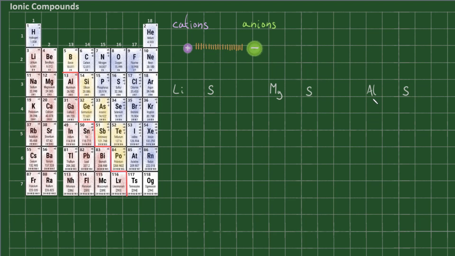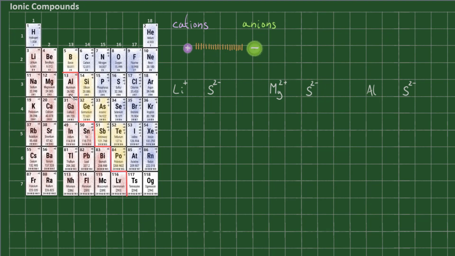So I'm going to start first by determining what ions I am dealing with. Sulfur, based on its position in the periodic table of elements, will gain 2 electrons. This means that it will have a 2- charge. So I'm going to write that for each of my sulfurs, 2-. Lithium, based on its position, will lose an electron, so it will have a positive charge. Magnesium, based on its position, will lose 2 electrons, so it will have a 2+ charge.